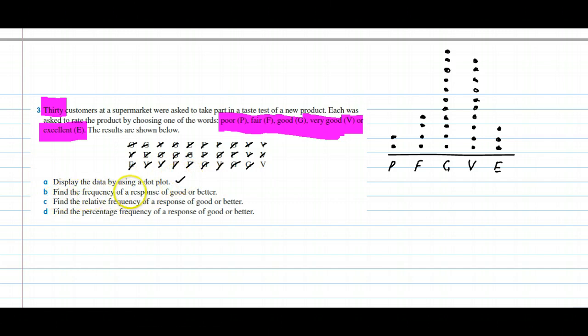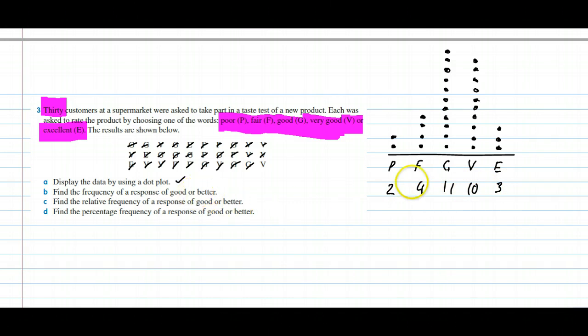We've got to find the frequency of a response of good or better. The frequency is just saying how many responses were there for that particular category, how many scores were there in that category. To do that, we need to tally up the number of scores for each of these columns. That's just counting how many dots are in each column.